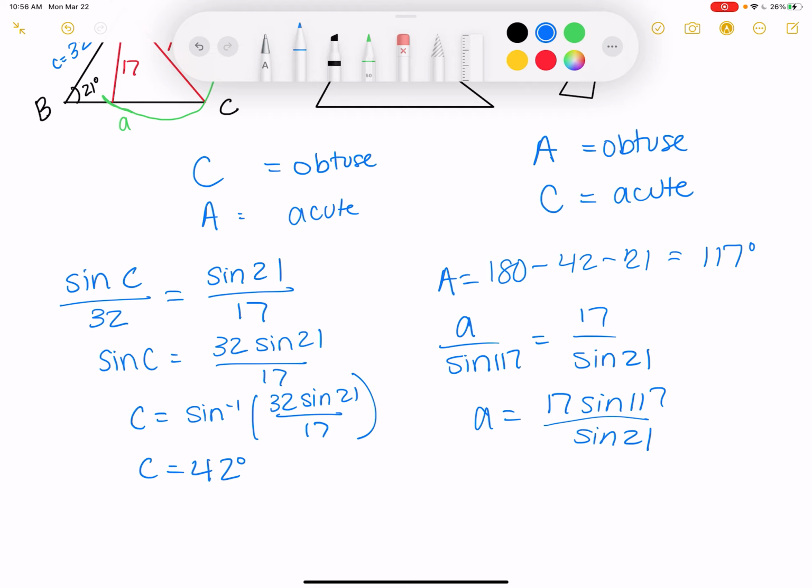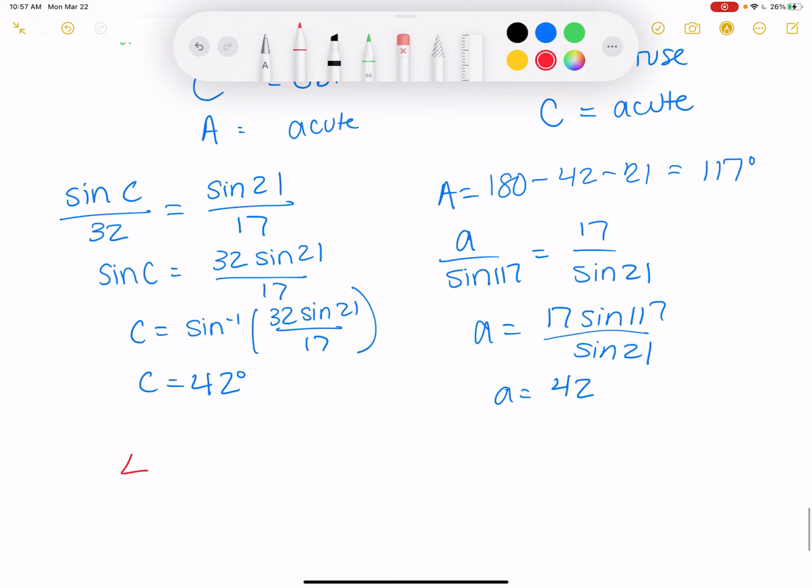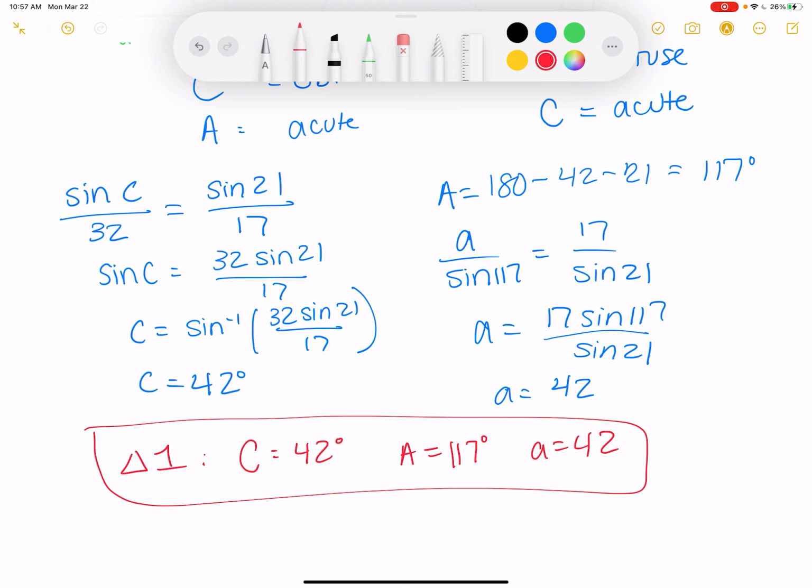And what is A? 42. Okay, so now I'm going to write everything for triangle 1. I had a big C of 42 degrees, a big A of 117, and a little a of 42. So that's for triangle 1.